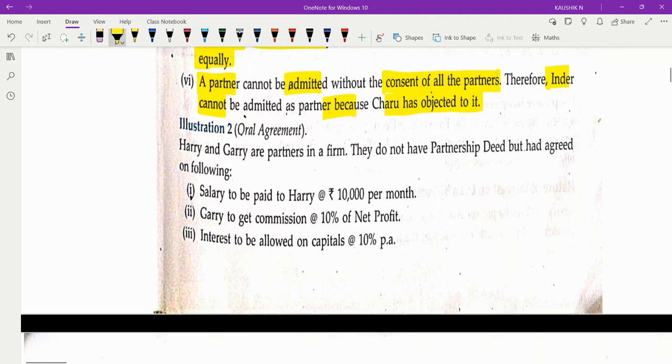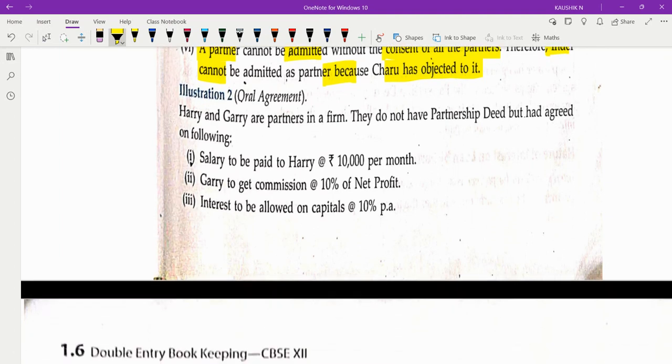Now moving on to the second problem. Okay, what is mentioned here? Now any other person apart from Sundar, can anyone read the question? Okay, so here if you see, they do not have a partnership deed.